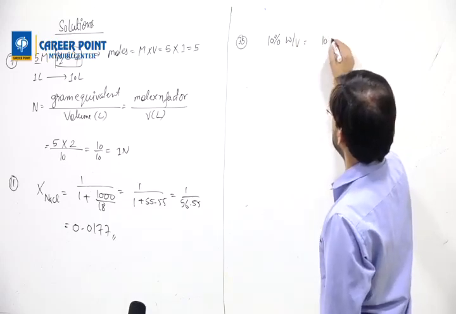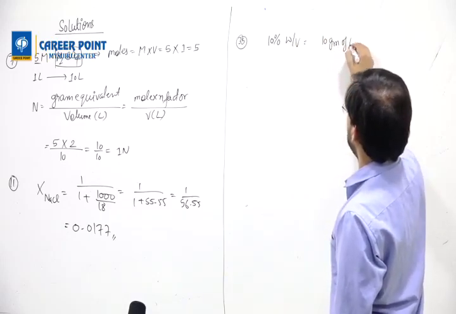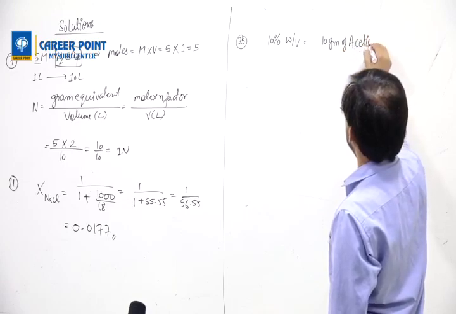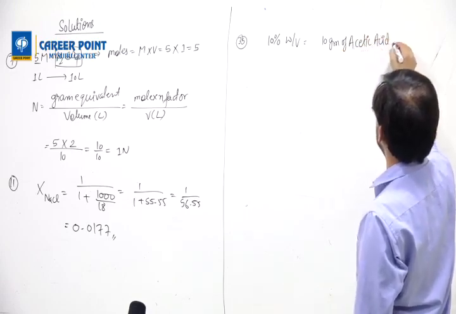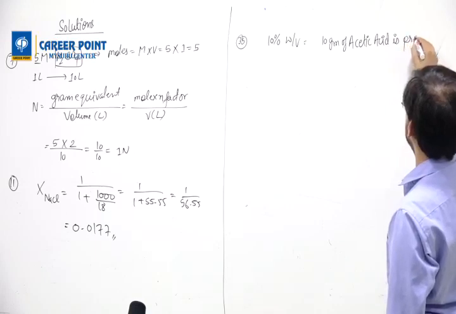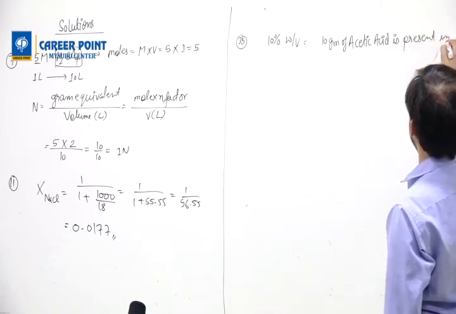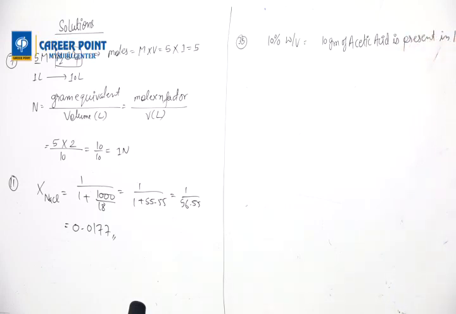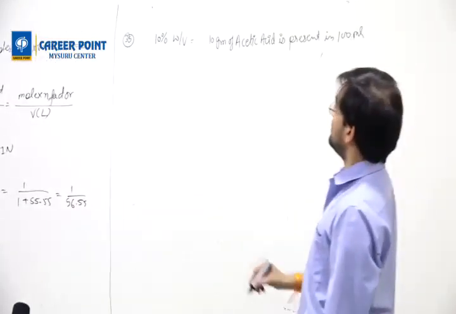What does this mean? This means 10 gram of acetic acid is present in 100 ml.